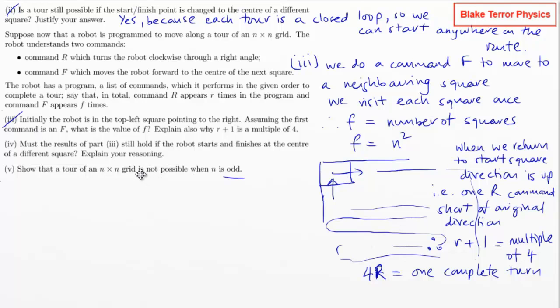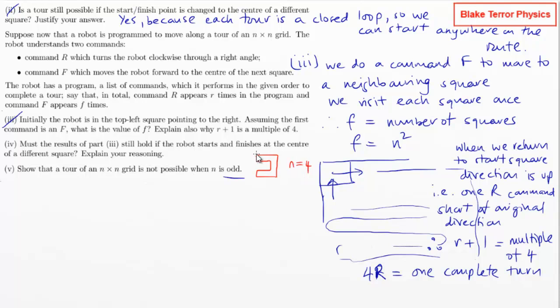Must the results of part 3 still hold if the robot starts and finishes at the center of a different square? Well, no, it certainly won't. Even for a simple tour, this was the simple one that we had for a side 4, so that was n equals 4.